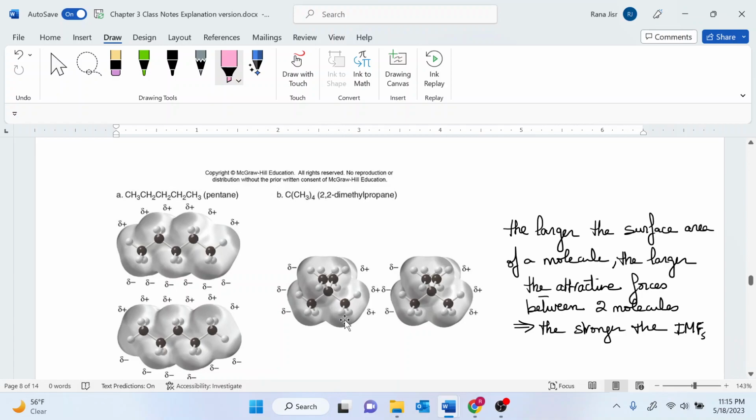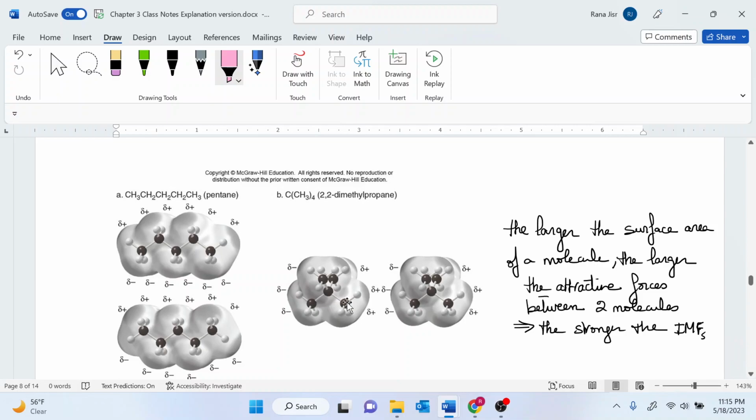Compare that, for example, to another two molecules with the same number of carbons and the same number of hydrogens, but now they are branched. See, I have here a carbon and 4 carbons around it. I'm still dealing with 5 carbons, but now the molecule is a compact molecule.